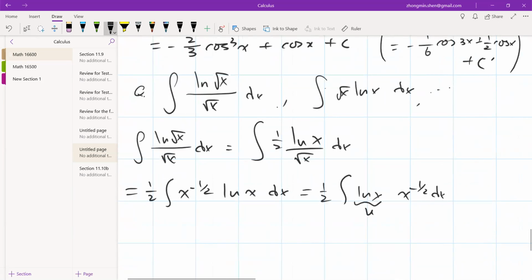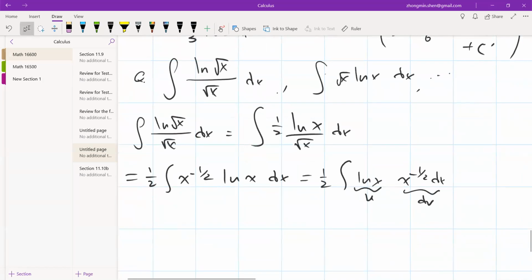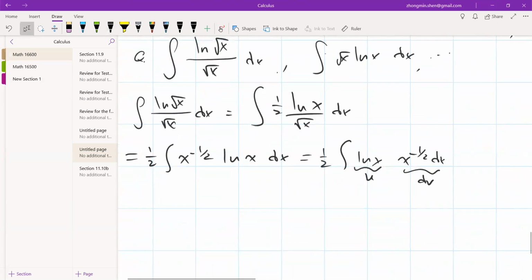This will be u, that will be dv. When you differentiate u, you get rid of the natural log. So what is v? I think v can be x to the 1/2 multiplied by 2. So I think it's better to put the 2 inside. So that's v.